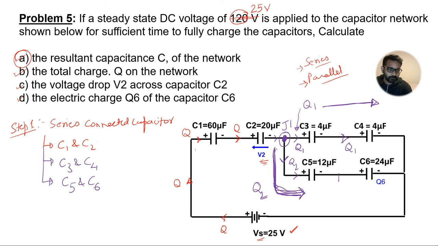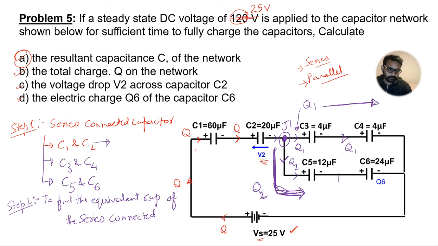So using the formula of series connected capacitors, I will find the equivalent capacitance for each of these pairs, right? So step 2 for finding the equivalent capacitance would be to find the equivalent capacitance of the series connected capacitor pairs.